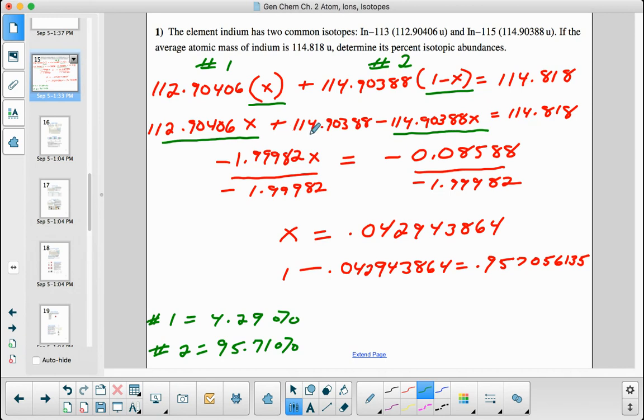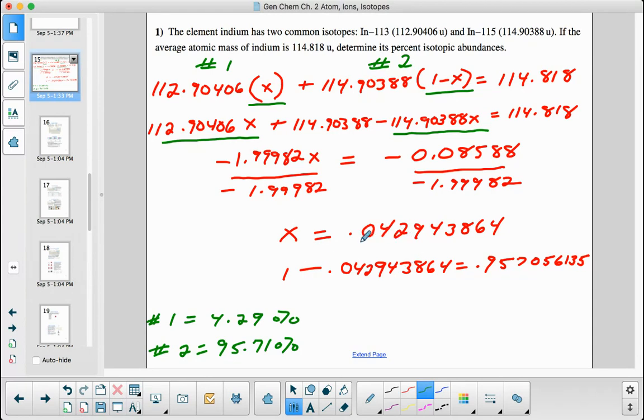So I subtract it from this side and subtract it from this side. I keep track of my signs. I do a little algebra, and I get my X value. So my X value is the number 1 isotope, and my 1 minus X value here is going to be the number 2 isotope, and so I did that here.